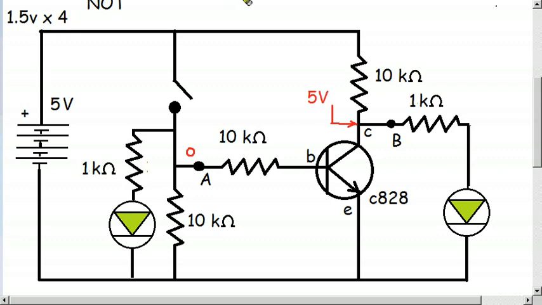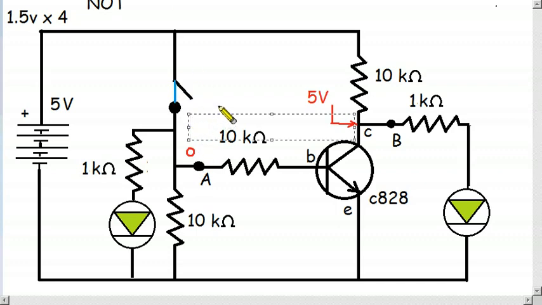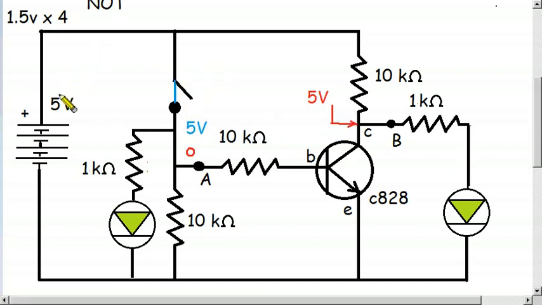When the switch is on, I'll draw it in another color. When the switch is on like this, what happens? The voltage here is 5 volt because it is connected with the battery positive. So here the voltage is 5 volt.